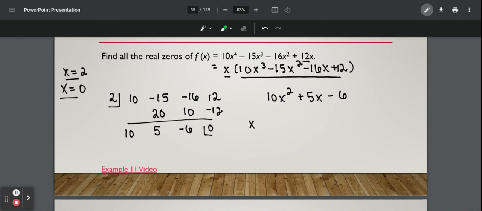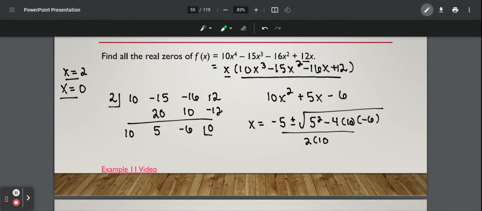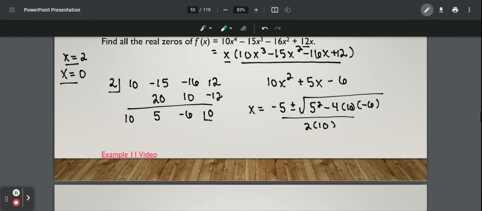So we're going to say x equals the opposite of b plus or minus the square root of b squared minus 4ac, all over 2a. And so we get x equals negative 5 plus or minus the square root of 265 over 20.